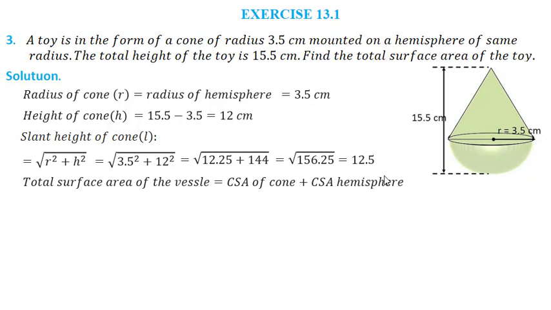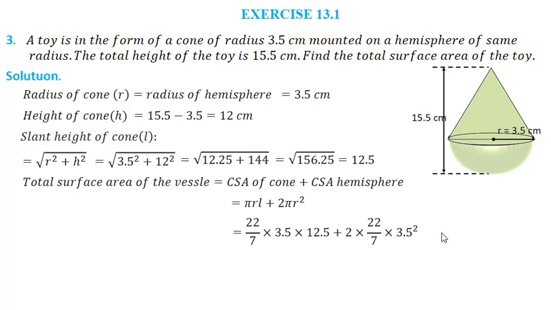Now the total surface area of this toy is curved surface area of cone plus curved surface area of this hemisphere. So curved surface area of cone is pi r l and curved surface area of hemisphere is 2 pi r square. I put the respective values. 22 upon 7 in place of pi, radius is 3.5 and slant height is 12.5 plus 2 into 22 upon 7 into 3.5 the whole square.